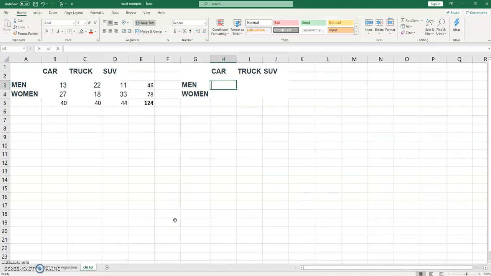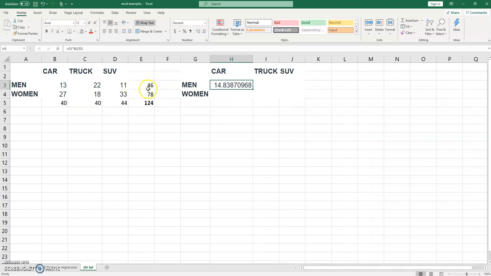The expected values are going to be the row times the column divided by the sample size. You're going to do that for each of these. The sample size will always be the same. The row and the column will change. So we expected about 15 guys to pick a car based on the breakdown of how many guys there are and how many cars were selected.